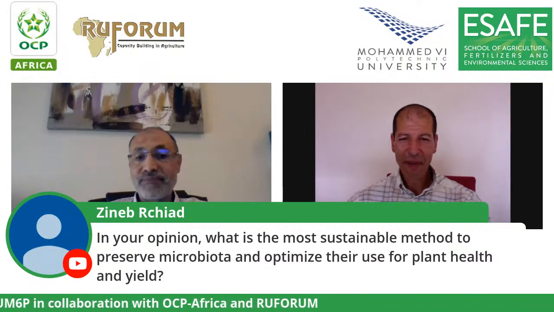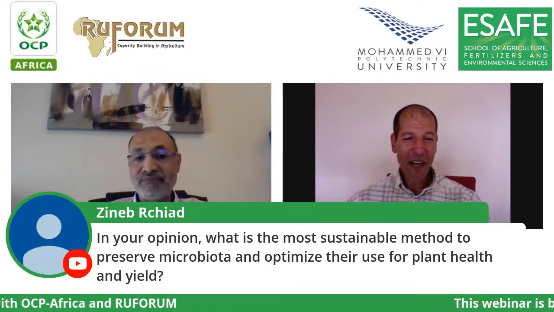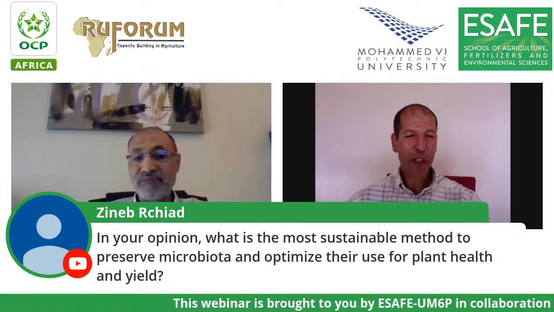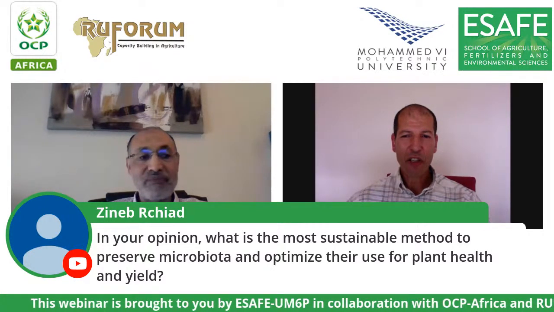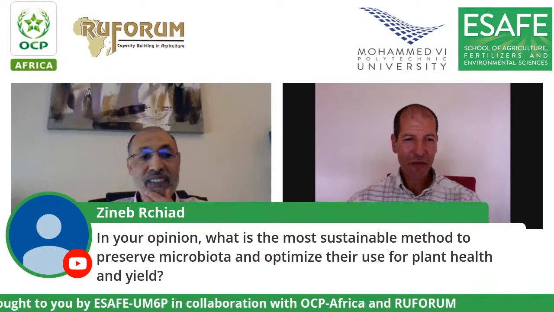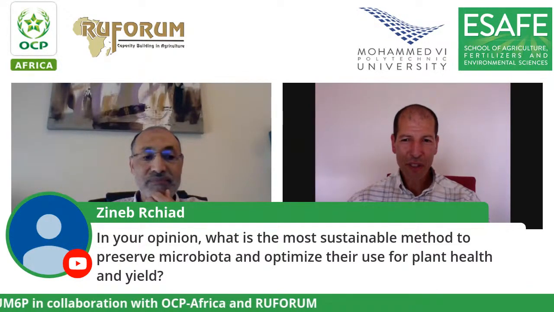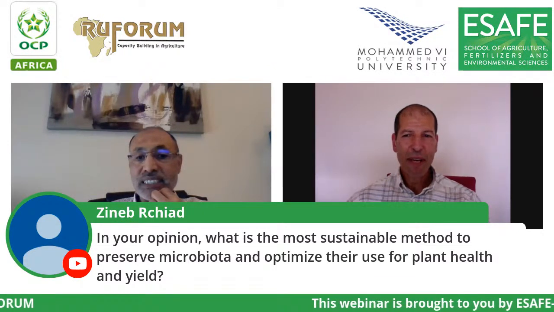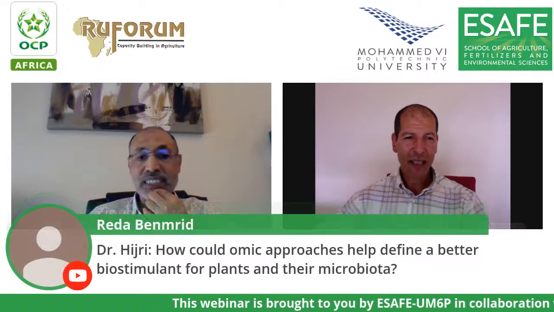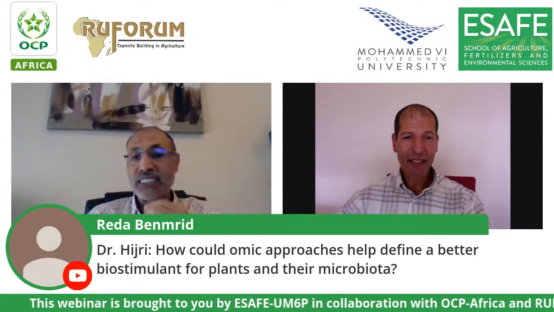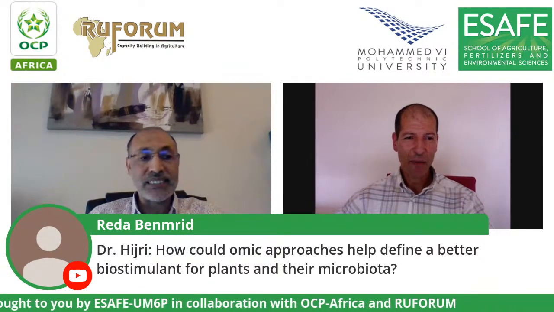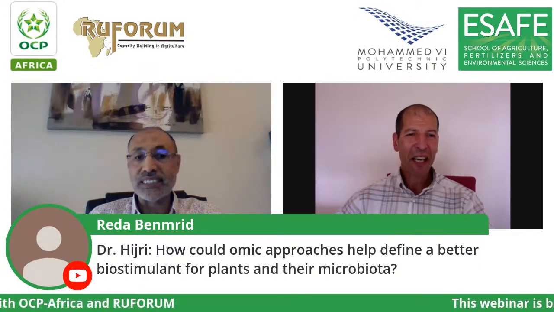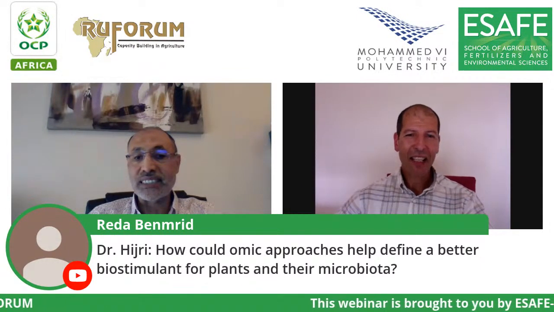Okay, thank you. They're interesting questions. For this one, the answer is straightforward: reducing agricultural practices such as tillage and chemical inputs. Because if we really want to manage pests, we are using chemicals, pesticides, fungicides, antibiotics, and these products do not discriminate between beneficial and pathogenic fungi.